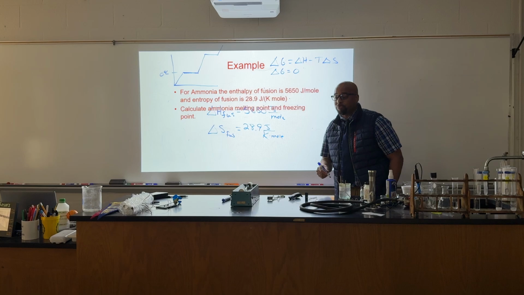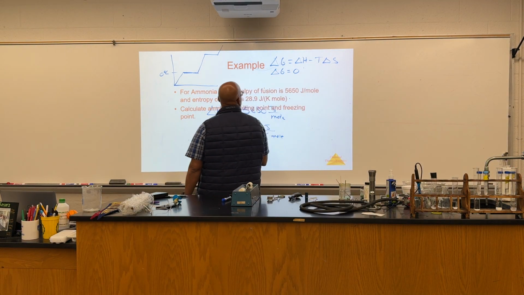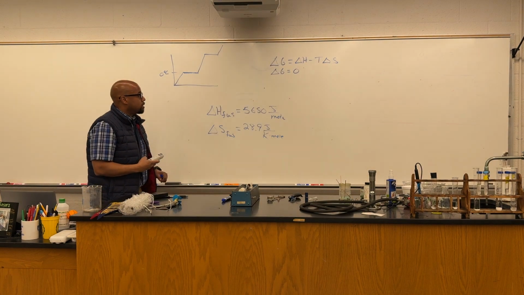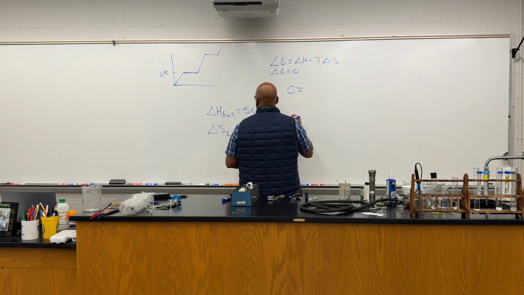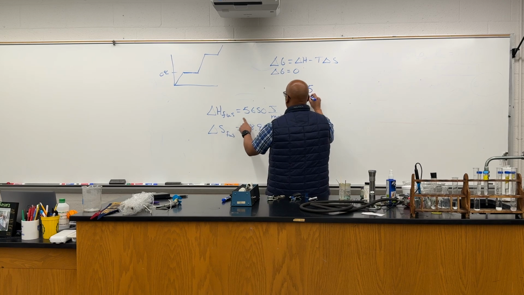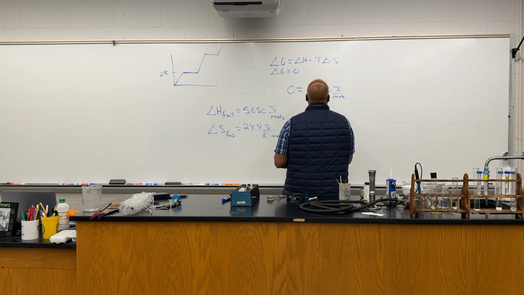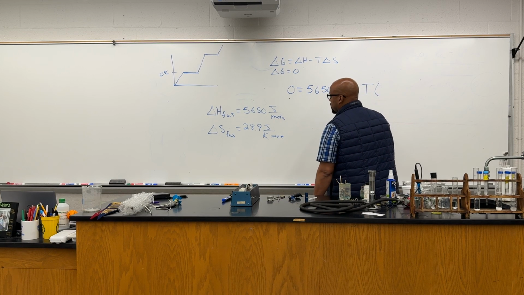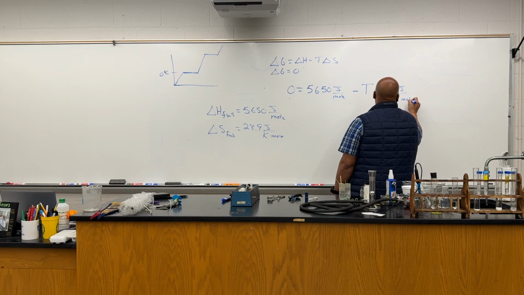Which means in order to solve this problem, it's pretty easy. All I need to do is substitute in 0 for delta G, and then plug in the actual values that were given to me. So delta G is 0, so 0 is equal to my delta H, which is 5,650 joules per mole, minus the temperature times my delta S, which is 28.9 joules per Kelvin mole.